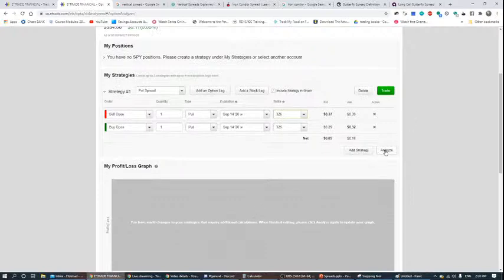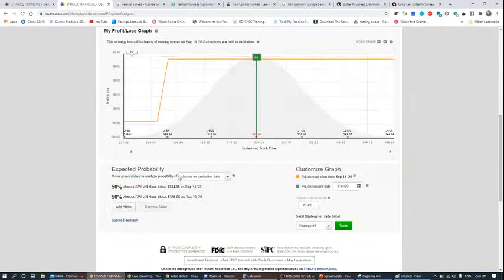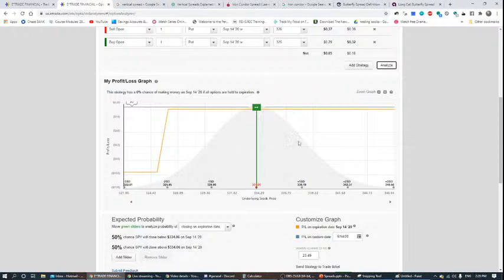So analyzing the probability risk graph. If SPY stays above, like right here, this is calculating the standard deviations. So you have 1 standard deviation, 2 standard deviations, and 3 standard deviations.